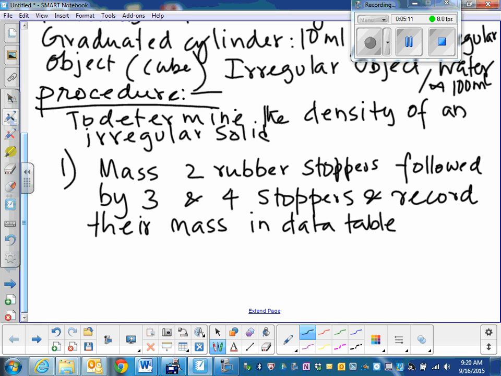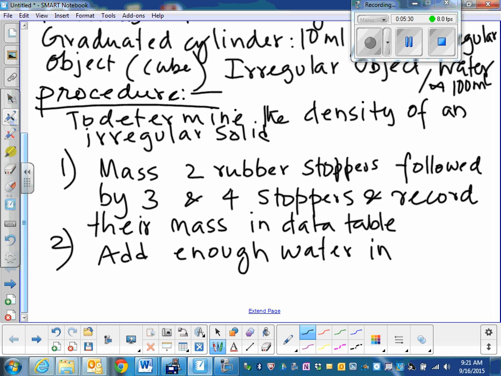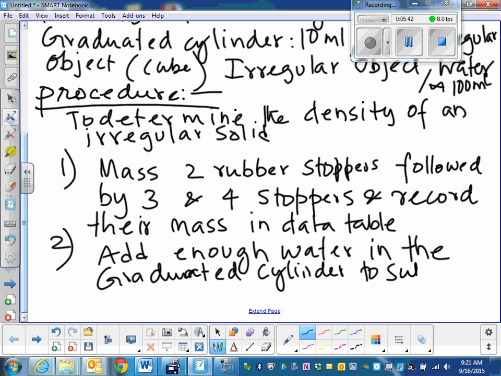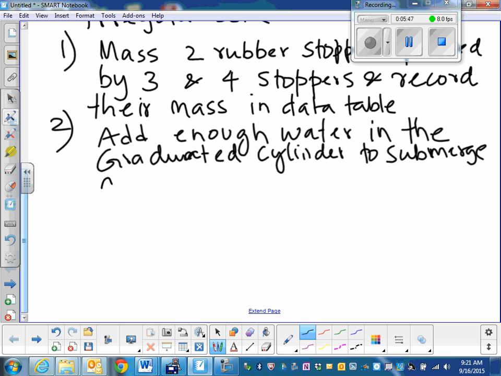Okay. So I did that. I recorded it in my data table. What's the next step? What do I do with the graduated cylinder? Add how much water? Add enough water in the graduated cylinder to submerge all 4 rubber stoppers.